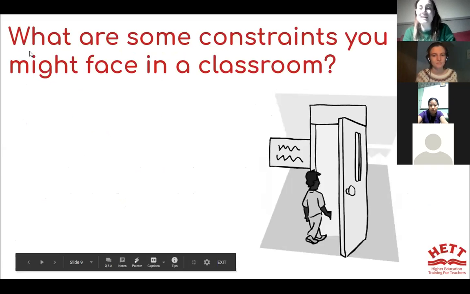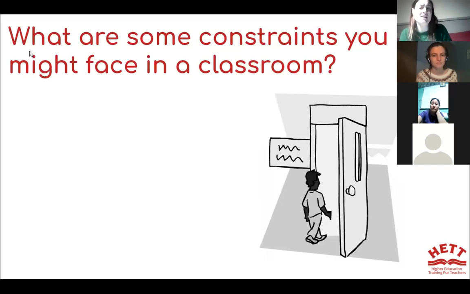So we're going to look at some constraints that you might face in the classroom in Myanmar currently. Can anyone think of any constraints they might face in the classroom? Any limitations? Large class sizes, time constraint, yes. Time seems to be a big one. Anything else?